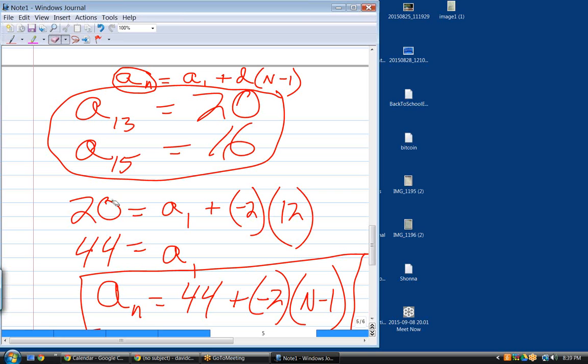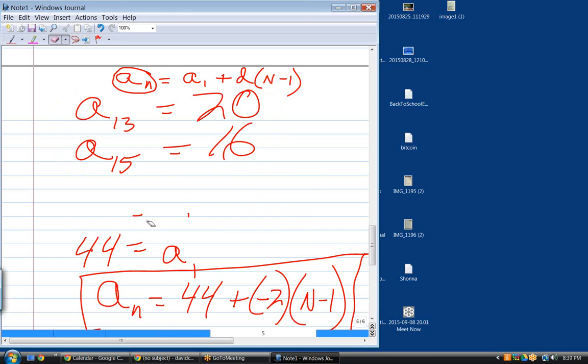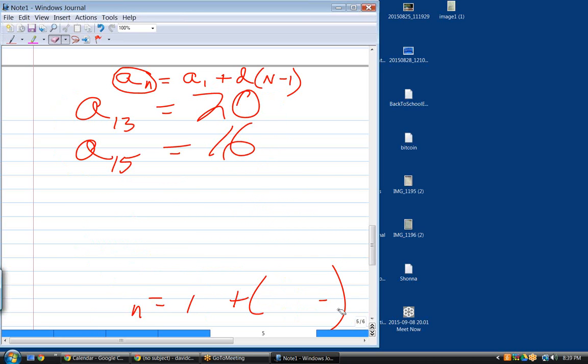Let's do this one, because this is as tough as you're going to see. So if I give you a sub 13 and I give you a sub 15, let's not calculate the common difference yet, even though it would be easy enough to do. Let's make it a little harder.